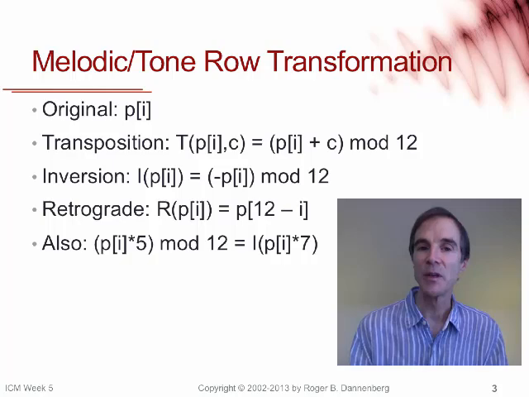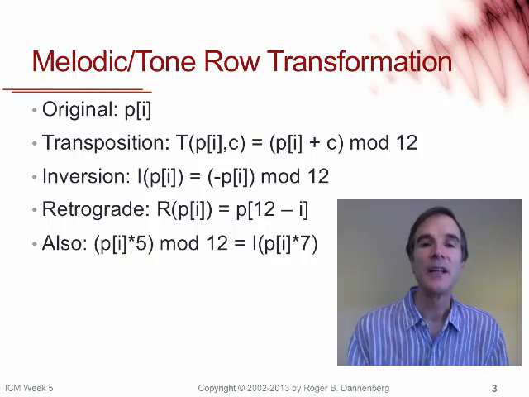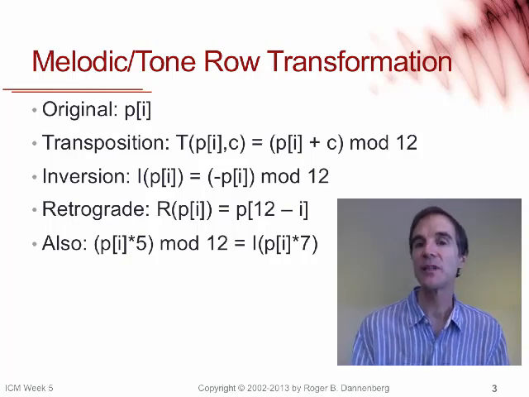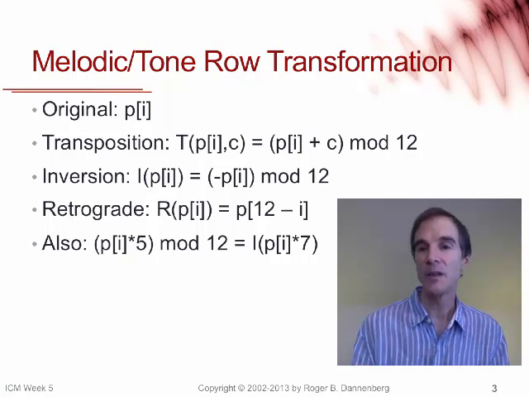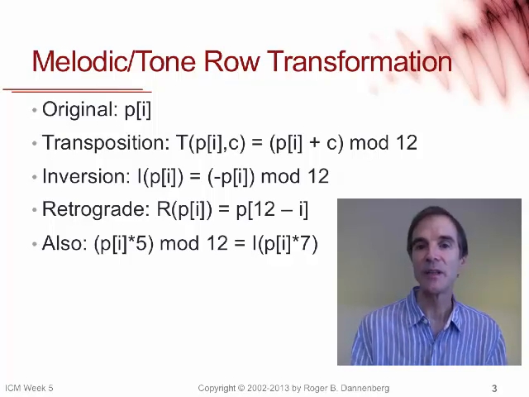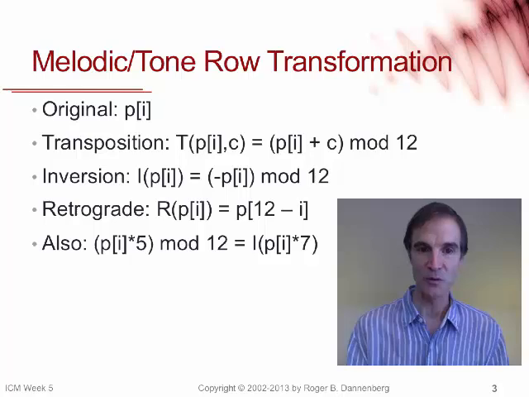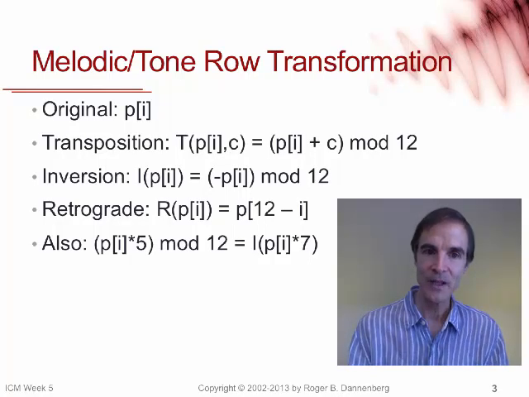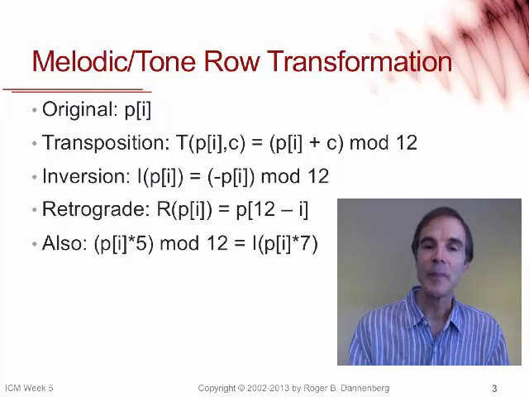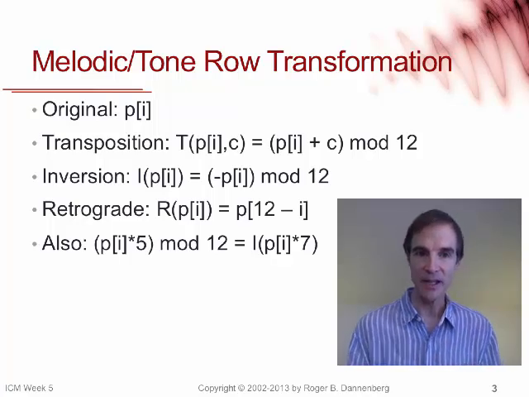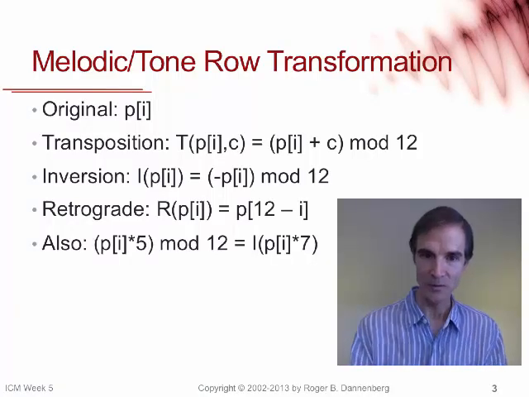As part of the theory of serialism, there are transformations on tone rows. So if we call the original tone row P sub I, then the transposition of that is just P sub I with some offset, but always calculated modulo 12 because we're dealing with pitch classes and not actual pitches. The inversion is essentially the negative of the original row.